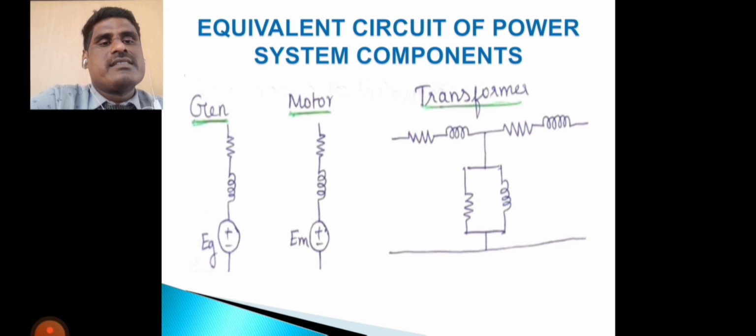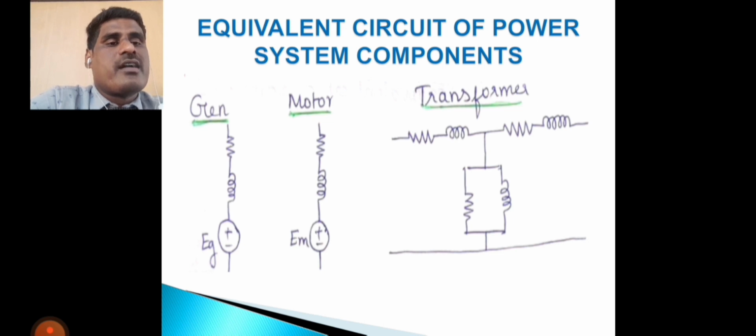And the next one is the motor, the same as that. EM is the generated EMF of the motor, plus and minus, and the same resistance and inductance are present. And the next one is the transformer. The transformer has a primary as well as a secondary. On one side resistance and inductance are present, and on the right side one resistance and inductance are also present.